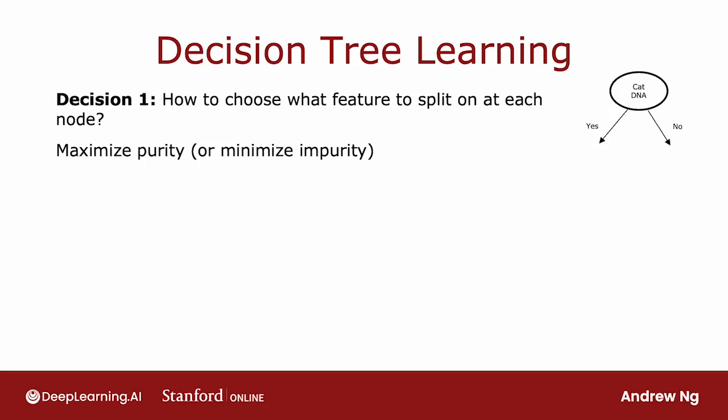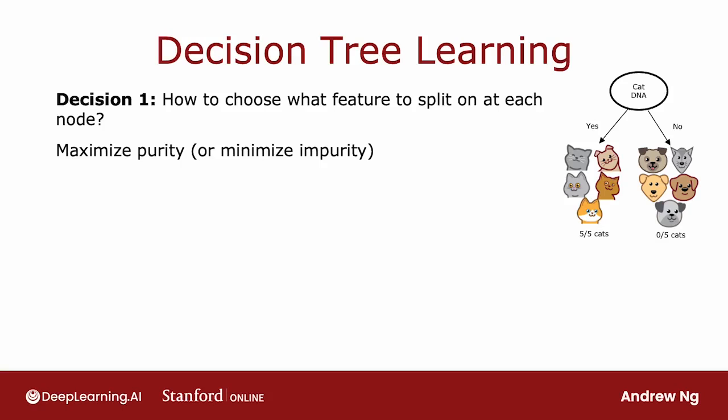We don't actually have this feature, but if we did, we could have split on this feature at the root node, which would have resulted in 5 out of 5 cats in the left branch and 0 out of 5 cats in the right branch. And both these left and right subsets of the data are completely pure, meaning that there's only one class, either cats only or not cats only, in both of these left and right sub-branches, which is why the cat DNA feature, if we had this feature, would have been a great feature to use.